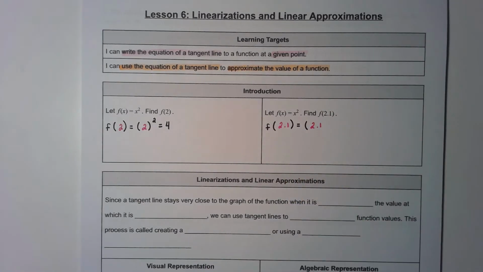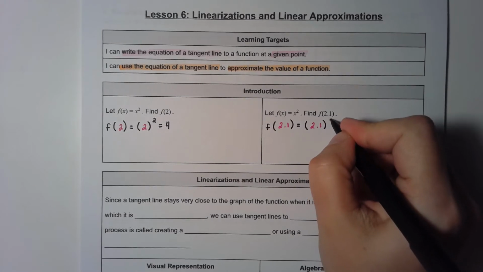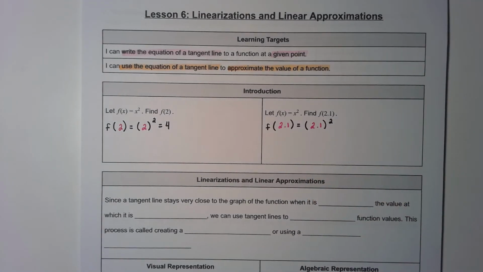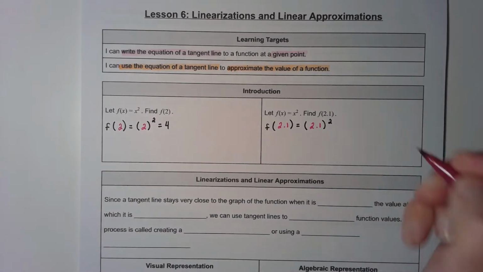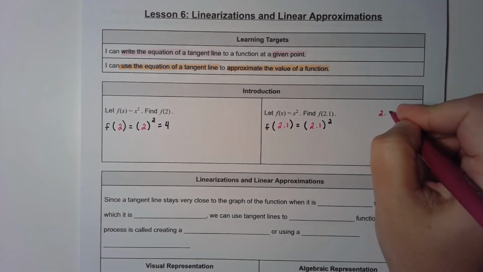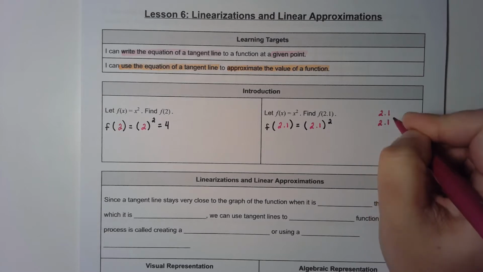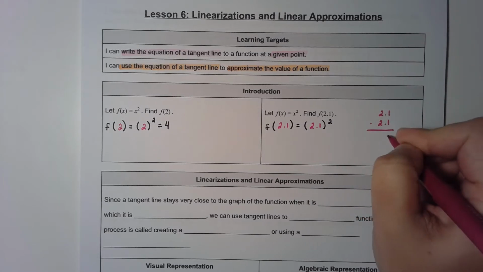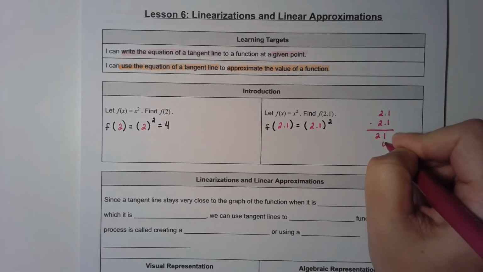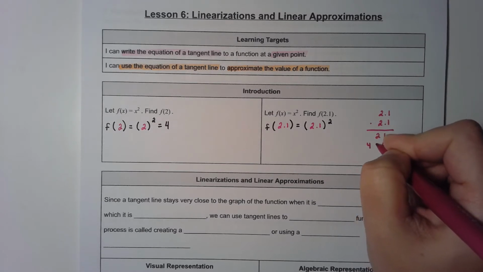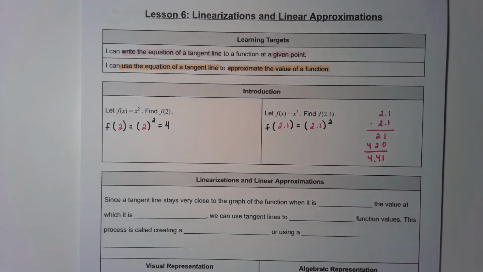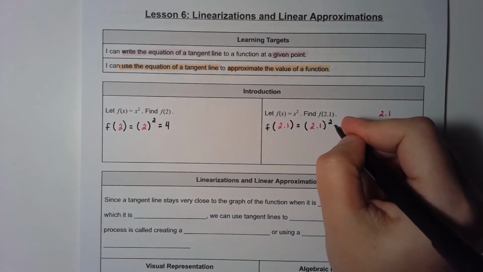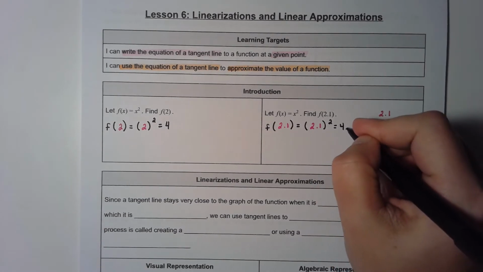Now we're going to need to do 2.1 squared, which we would estimate is probably pretty close to the number 4, but in order to get that value exactly, we would need to actually multiply 2.1 times 2.1, which would give us 2 and 1, and then we have to put a 0, and then 4 and 2, which means we get 4, 4, and 1. We need 2 decimal places, and whew, that was a lot more complicated than just 2 times 2.